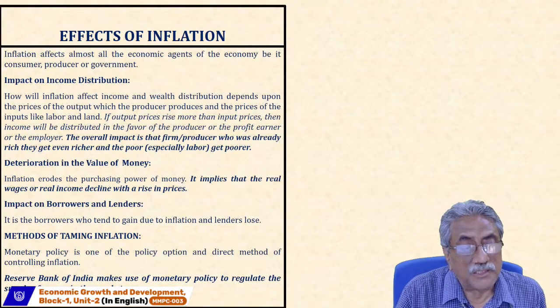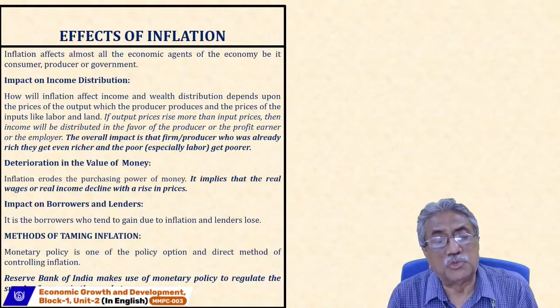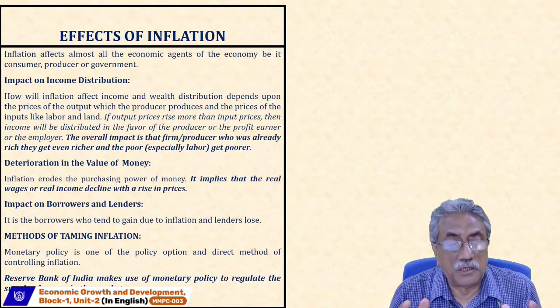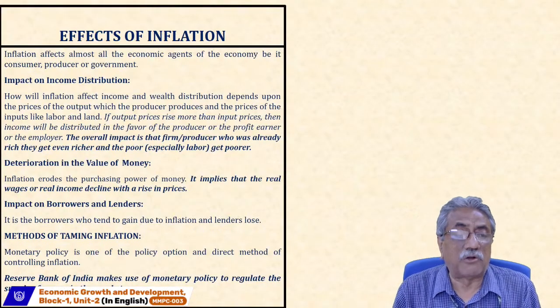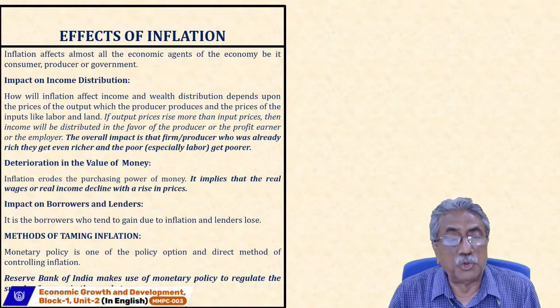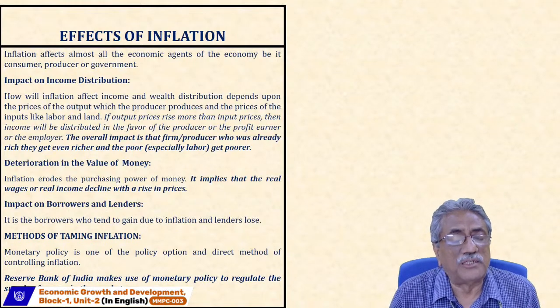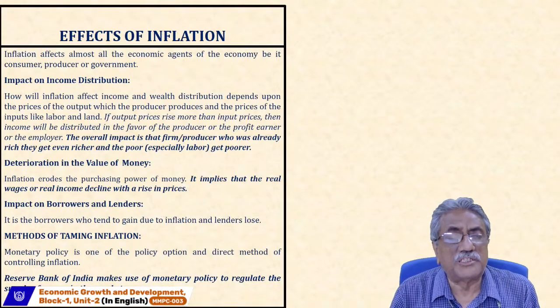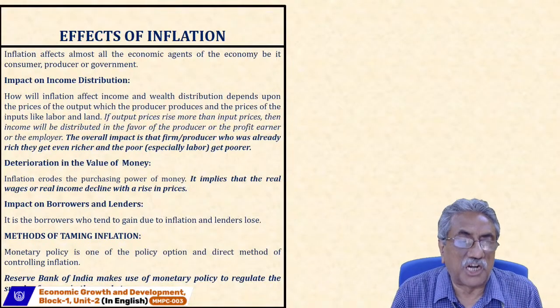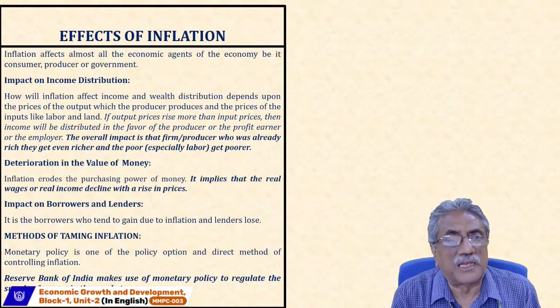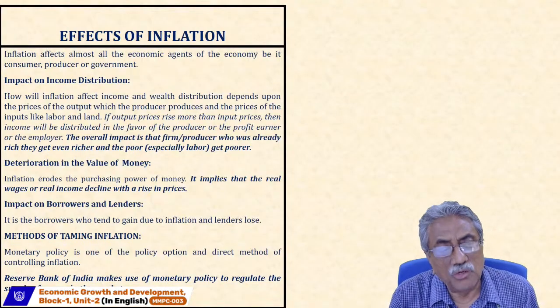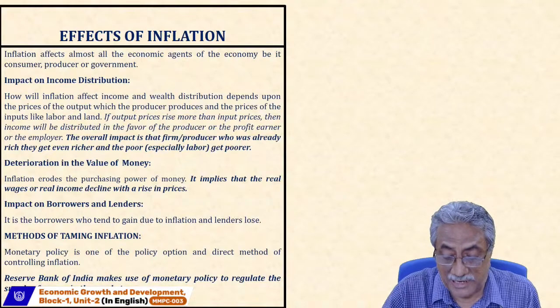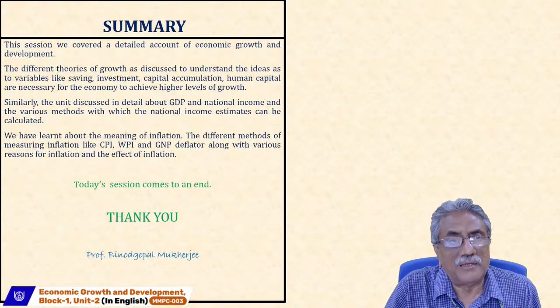As for the methods of taming inflation, we have monetary policy tools through which we generally try to control it, and the Reserve Bank of India is mandated to use monetary policy to regulate the supply of money in the market. In our next units, we will be studying how inflation can be controlled. As I told you, the Reserve Bank of India has been given a mandate.